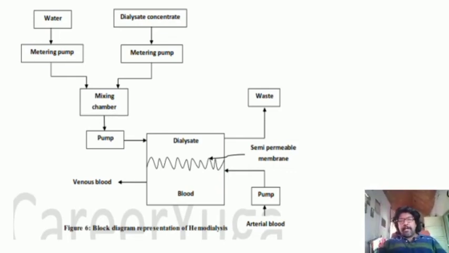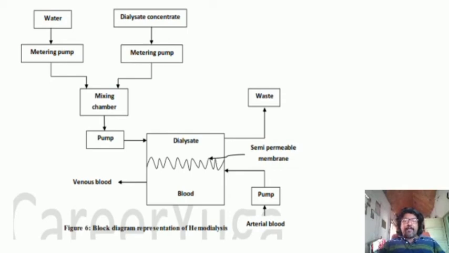And if you watch carefully, the blood enters into the dialyzer where it will be filtered. And inside the dialyzer we have a solution called the dialysate solution. In exam they may ask you for short questions. So this dialysate solution enters into the dialyzer, and it draws the waste out of the blood.